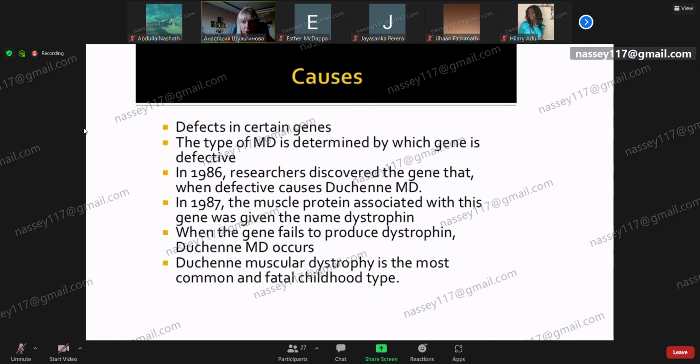When the gene fails to produce dystrophin, Duchenne muscular dystrophy occurs. As we said, in Duchenne muscular dystrophy the protein, particularly dystrophin, is absolutely absent. Duchenne muscular dystrophy is the most common and fatal childhood diagnosis. It develops from birth and has a high speed of progression.